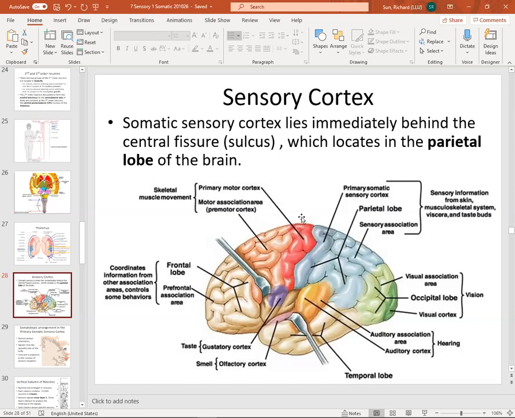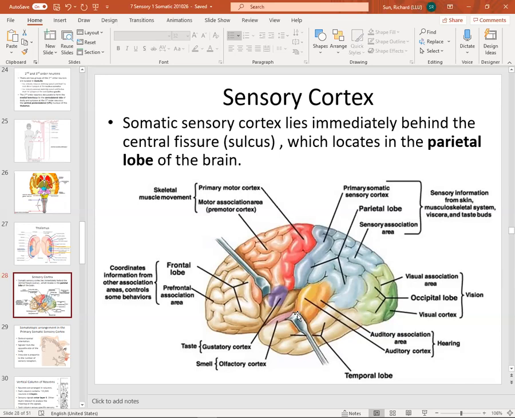The primary motor cortex is in the frontal lobe. And further down here, further front, we have the control of some behavior, so decision making, and so this is also action. This is more like planning action. And so that's the general division of the brain cortex.